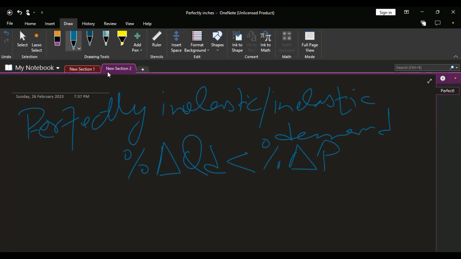Means there will be a small change in quantity as compared to the big change in the price. So you will see a greater change in price as compared to the demand. Graphically, we have already studied it, but I am also showing it here for your reference. A big change in price.